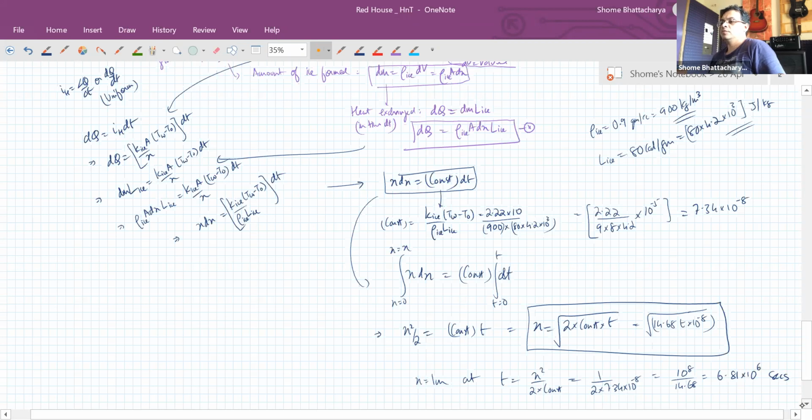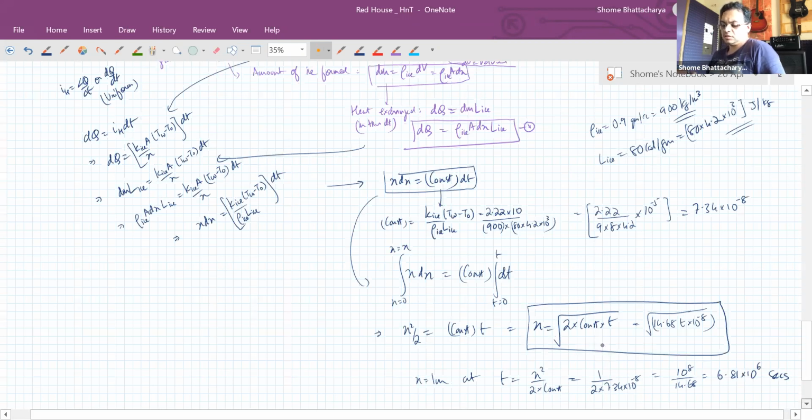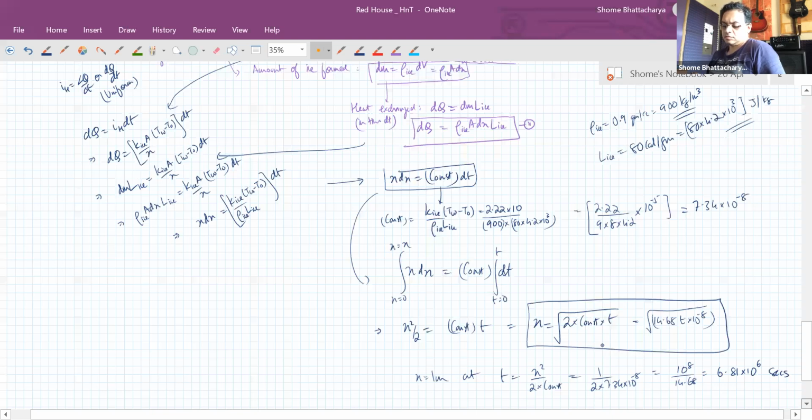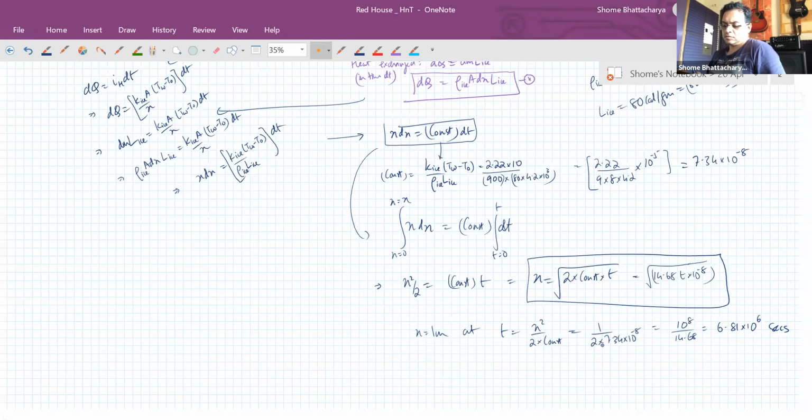That is the same thing as: divide these many seconds by 3600, you will get it in hours, and divide that further by 24. So you'll see you get something like 78.84 days.